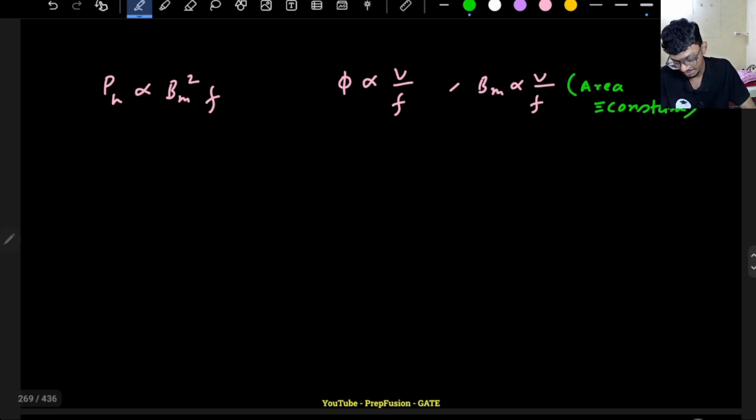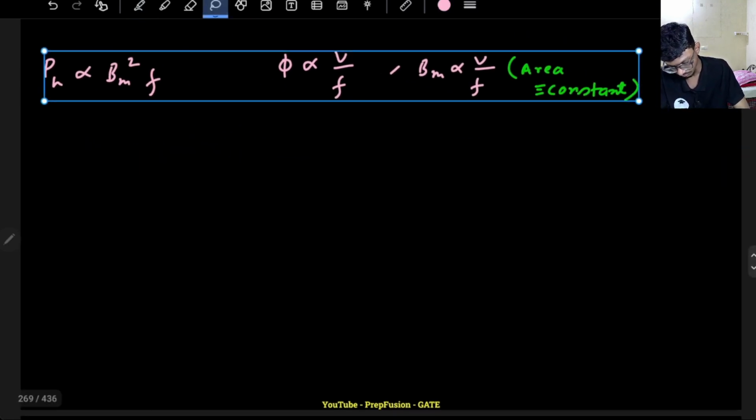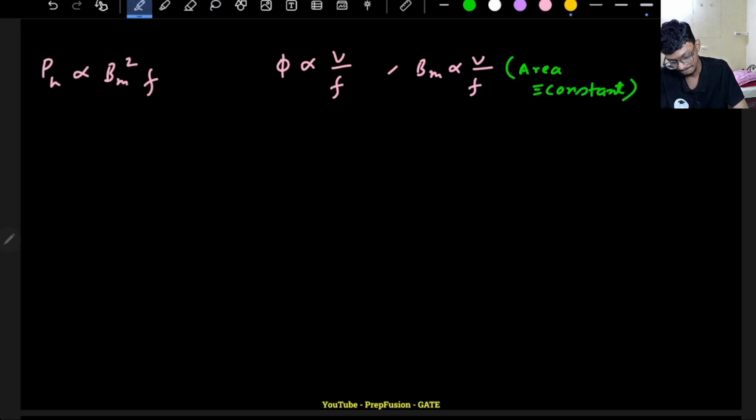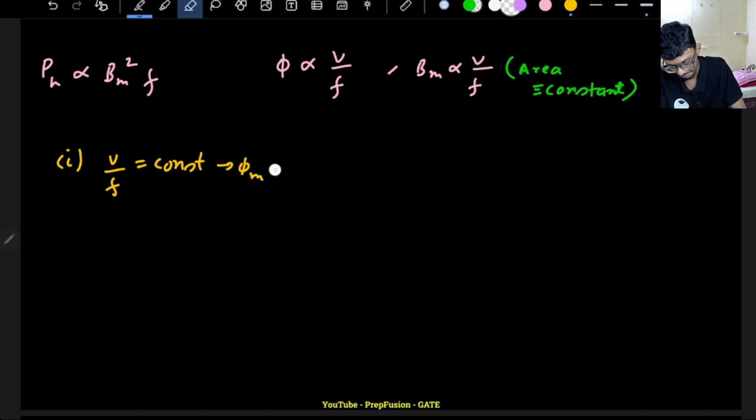So there are two cases here. Case 1: if my V by F is constant, that means my flux phi m will be constant, which means my Bm will also be constant.